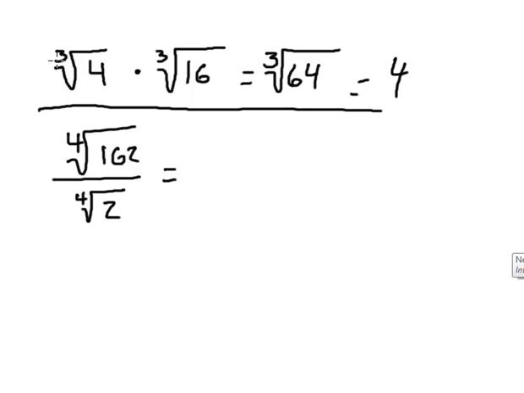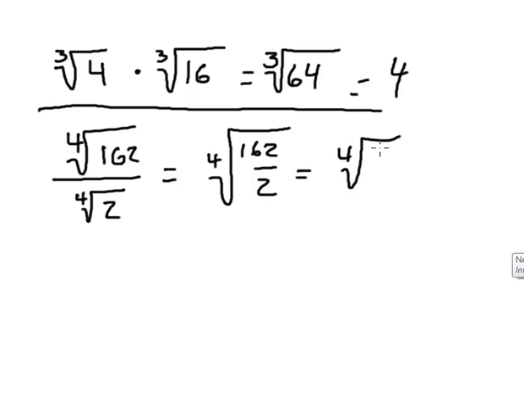Because they were both third roots, I could multiply. If they hadn't been the same root, I couldn't do it. So this then becomes the fourth root of 162 over 2, which is the fourth root of 81, which is 3. Okay, so that's that.